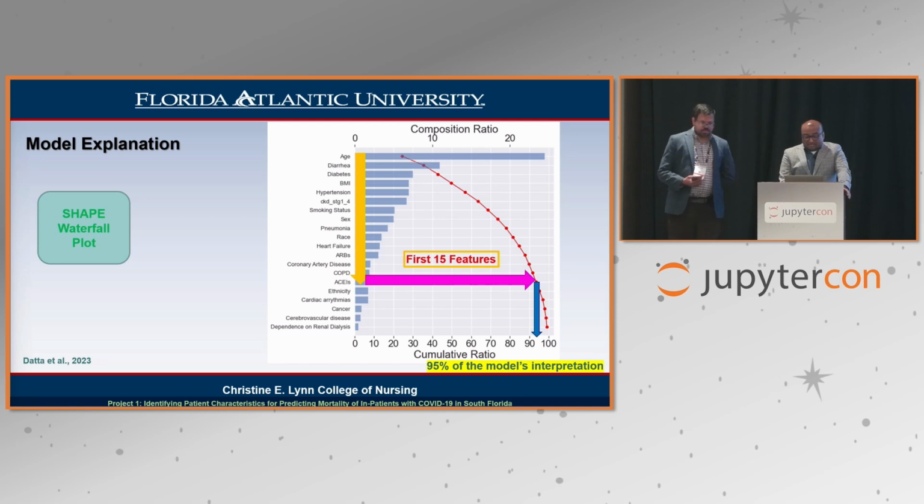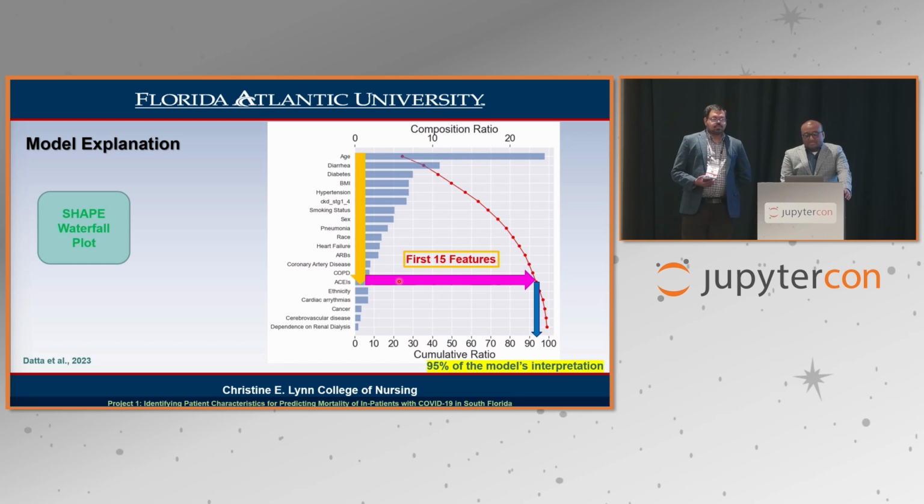This is a different plot, the SHAP analysis. You see that the first 15 features can give you 95% of model importance. This is important because when the patient goes to the clinician, they might not need to check everything.